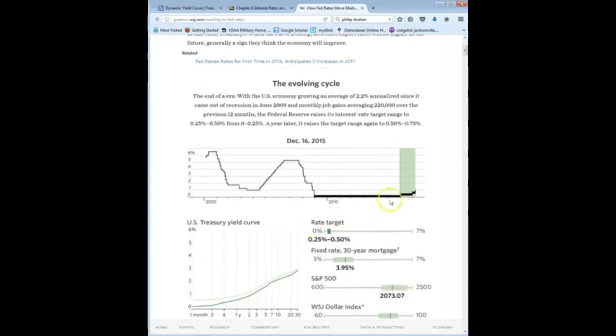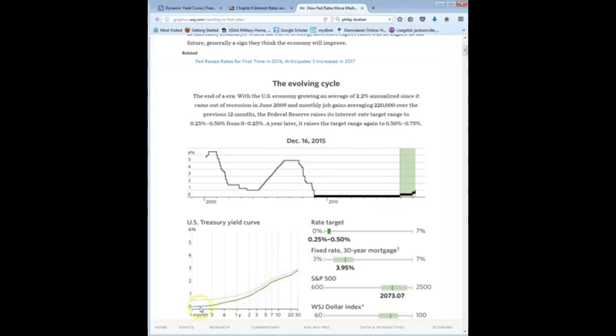Now, we're examining this region right here in the green, and this is the current cycle. So for many years, we had a policy of zero interest rates, and the Federal Reserve, beginning about a year ago, began slowly raising the rates. And we can see in December of 2015 the shape of the yield curve.